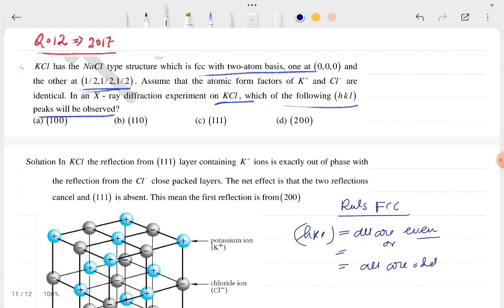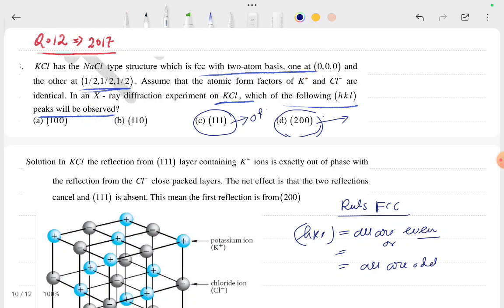Another is 111, this is all odd, and 200 is all even.